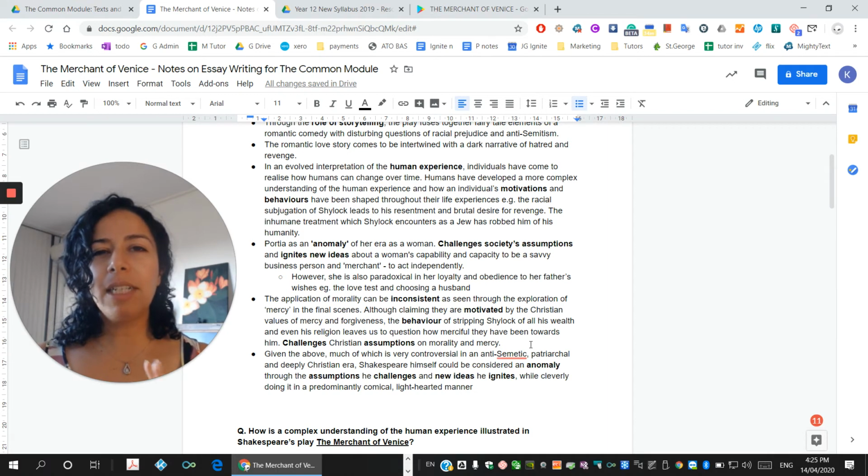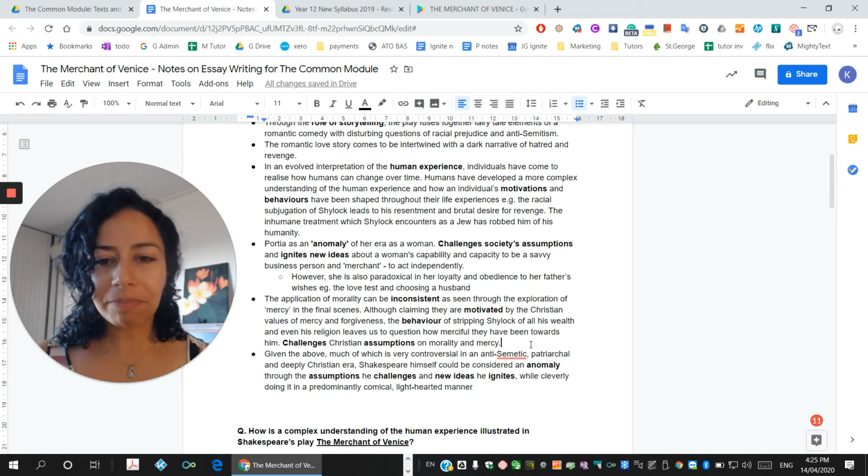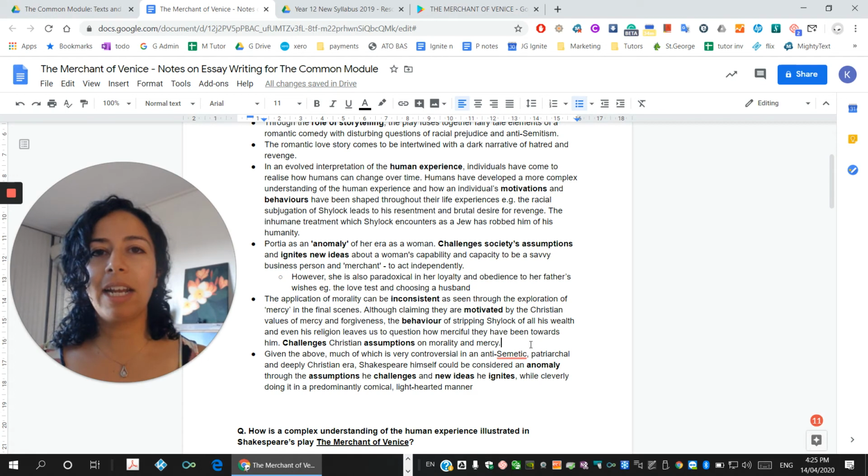There is a real inconsistency in the application of religion and morality as the cornerstone of religion, particularly when it comes to applying the concept of mercy, which is very prominent, particularly in the last act. We have this situation where Shylock is able to take his pound of flesh, and everybody's pleading with him not to, and he's like, why should I listen to any of you?